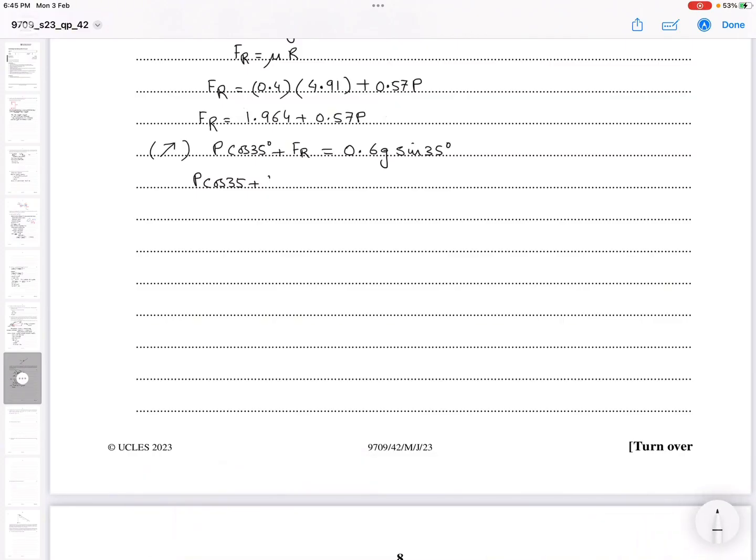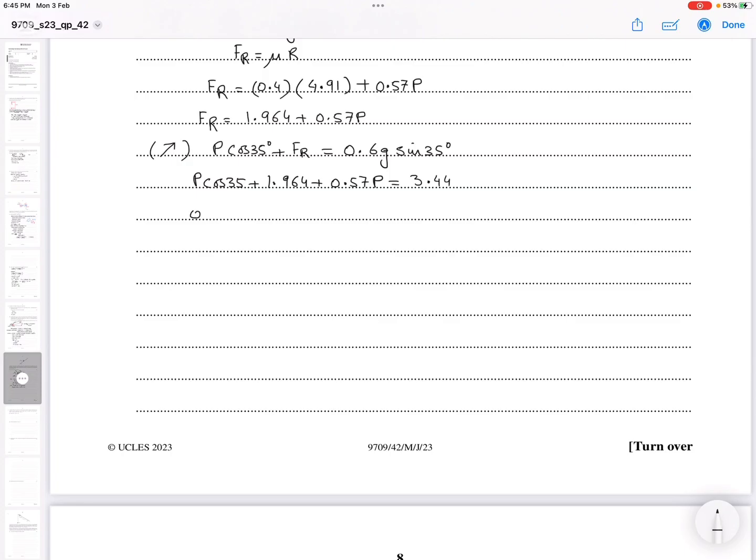So I'm going to write 1.964 plus 0.57p, and this is equal to 3.44, which comes from 0.6 g sine of 35.